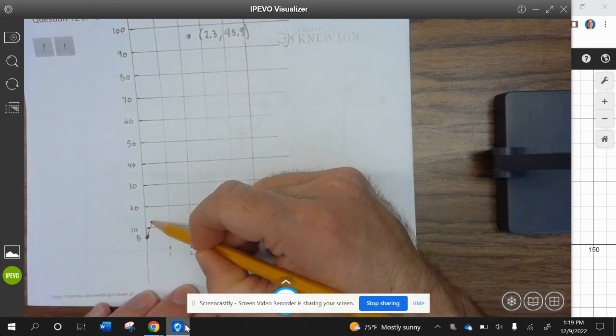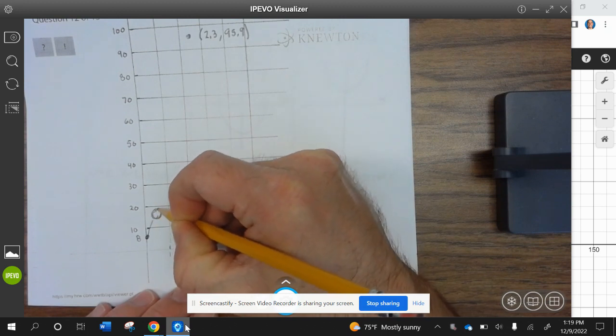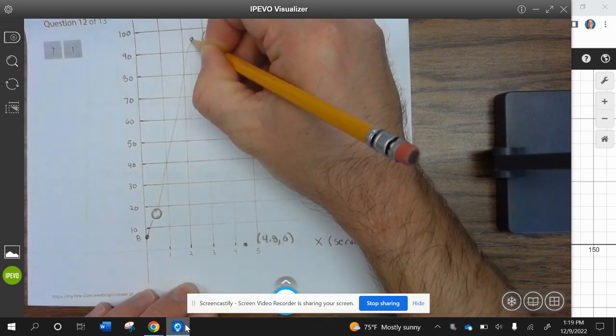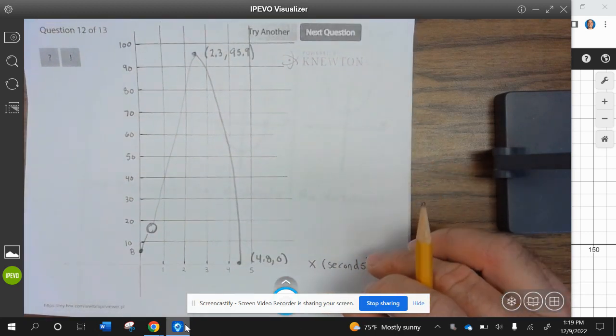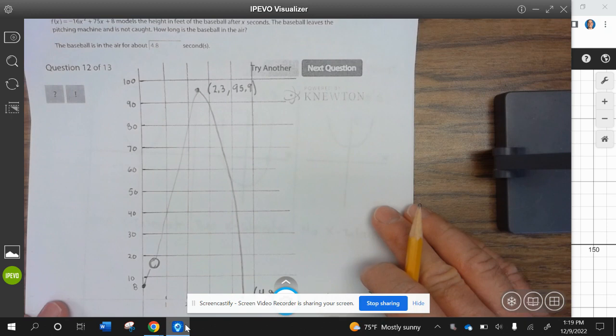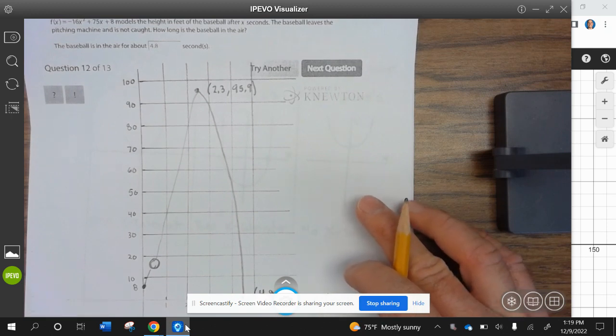Okay, so the baseball goes up and back down. All right, so we can say that the baseball is in the air for 4.8 seconds.